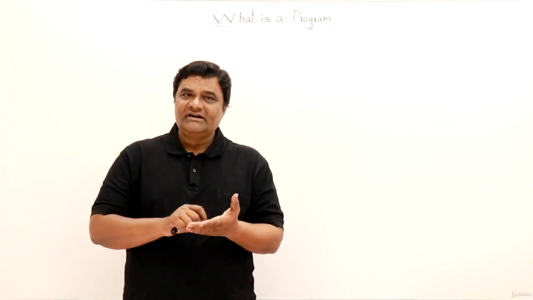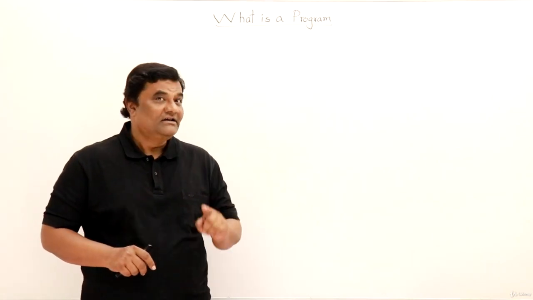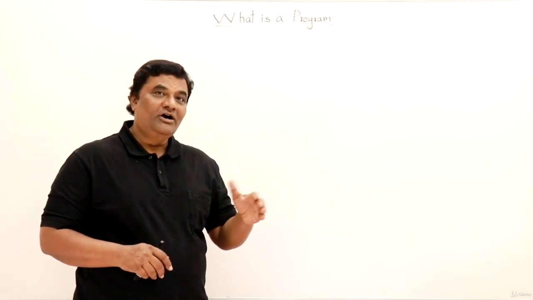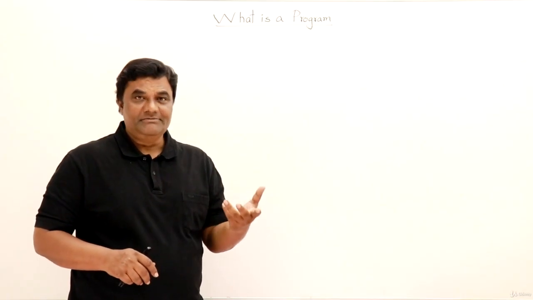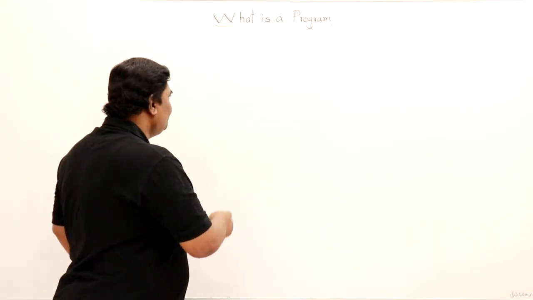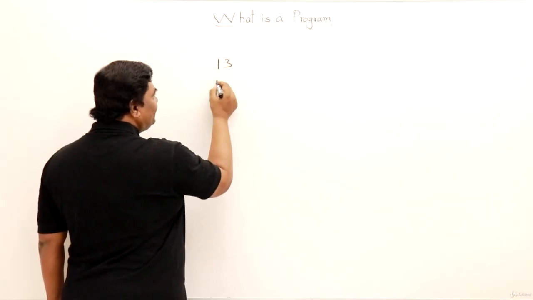That computation work can also be done using a calculator. Yes, it can be done using a calculator. So let us understand first how we use a calculator, and then I'll show you how we can use computers and what it means by programming. We use a calculator like this. For example, if I have two numbers and I want to add them, the first number is 13 and the second number is 27.